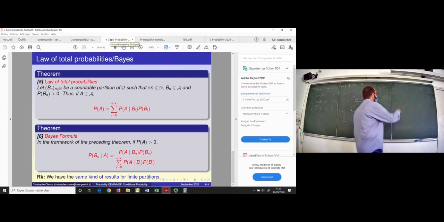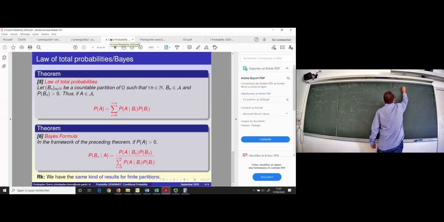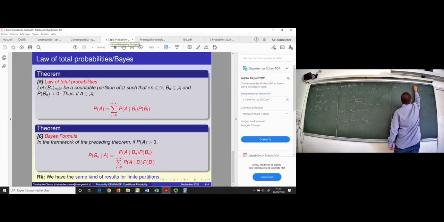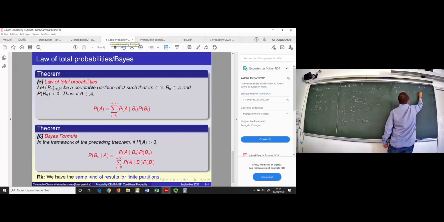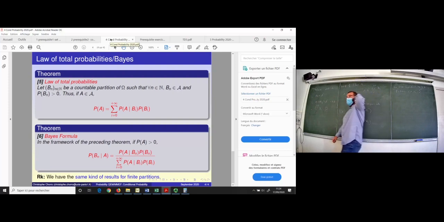Suppose that you have an item, whatever, produced by 3 different factories. I call them F1, F2, F3. Factory 1, factory 2, factory 3.